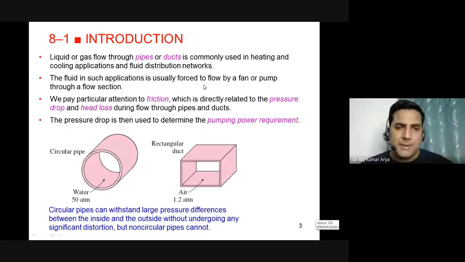But glass cannot sustain very high pressure, you cannot put joints frequently, and it cannot sustain high impact from outside, because once you bury the pipelines, some heavy load can pass. So metal pipes and concrete pipes are preferred.